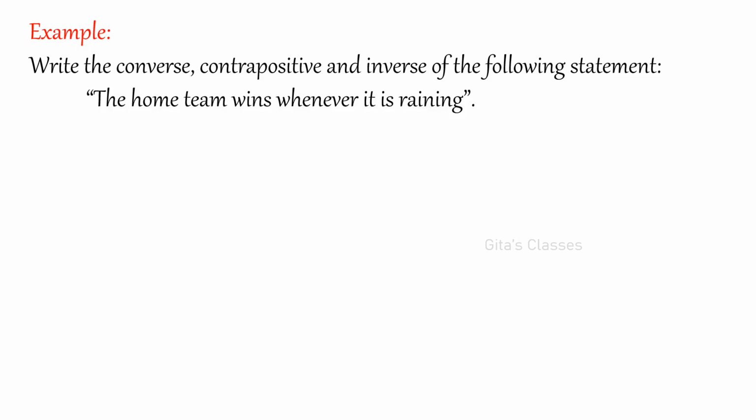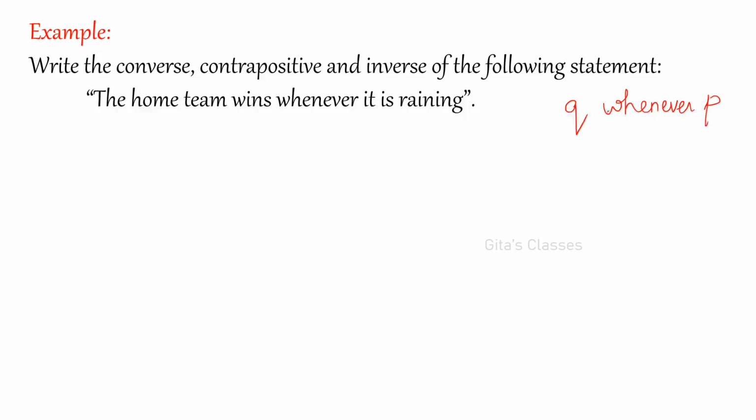Now let us see an example. Write the converse, contrapositive and inverse for the following statement. What is given? The home team wins whenever it is raining. That is, Q whenever P. Have you ever seen this kind of statements?